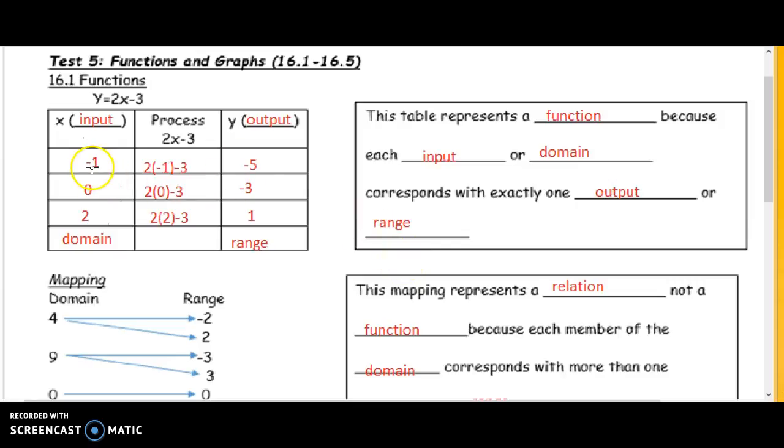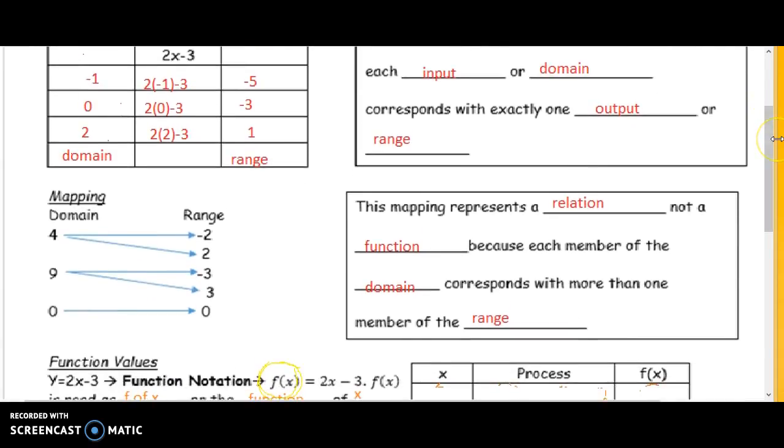So I put -1 in, I know I'm going to get -5 out. I put 0 in, I know I'm going to get -3 out. When you go to a Coke machine, you put your dollar in and you expect to get a Coke out, or whatever your desired drink is. That makes it a properly functioning Coke machine. So that's how you can think of a function. You put something in, you get something out.